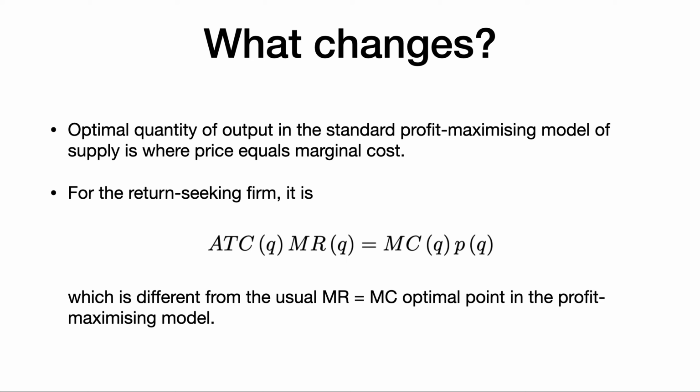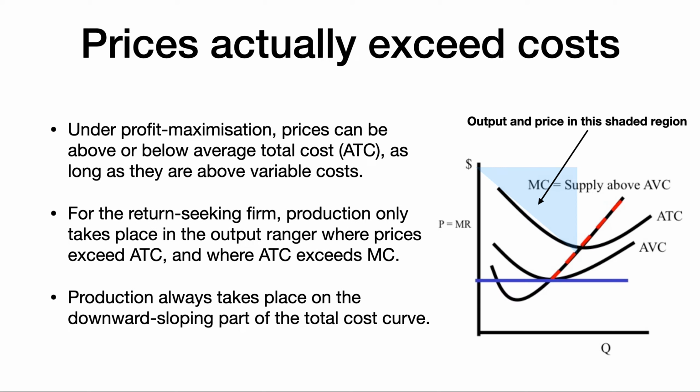But the return-seeking firm, you get a quite different maximizing point, where it's actually where the average total cost times the marginal revenue equals the marginal cost times the price or the demand function. So quite a different result there. And what does that mean in practice?